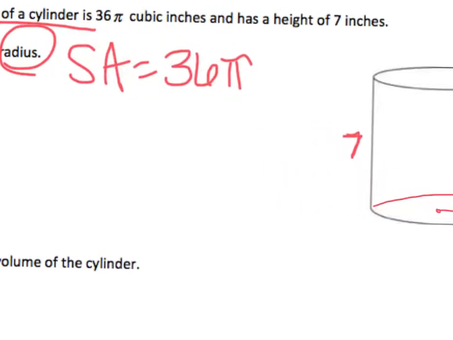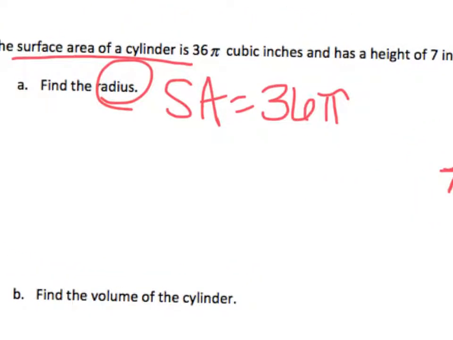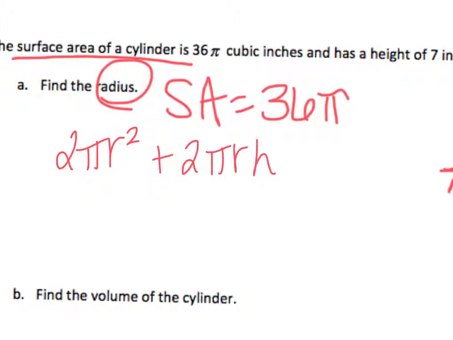So if I know how to find the surface area of a cylinder, I can then go ahead and set it equal to 36 pi. So if you remember, the surface area of a cylinder is going to be 2 pi r squared to account for both the top and the bottom, and then plus 2 pi r h to allow for the curved portion. And this will equal 36 pi.